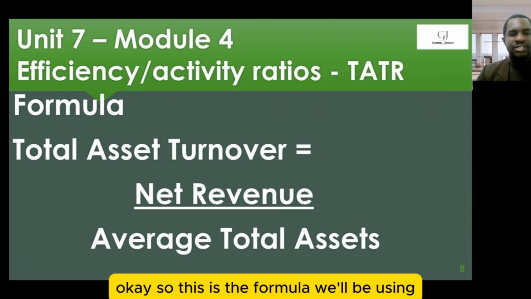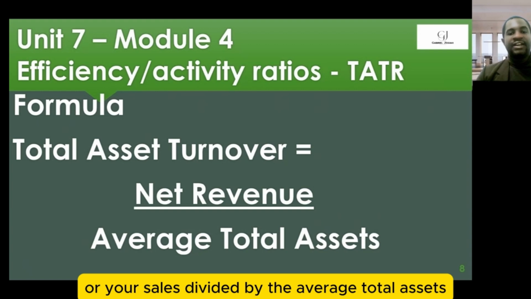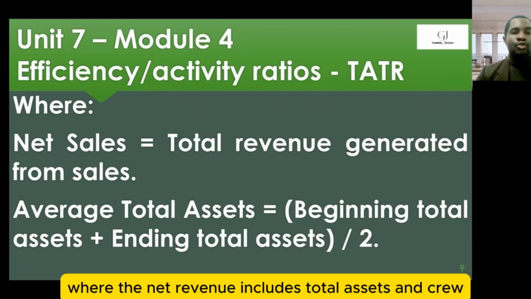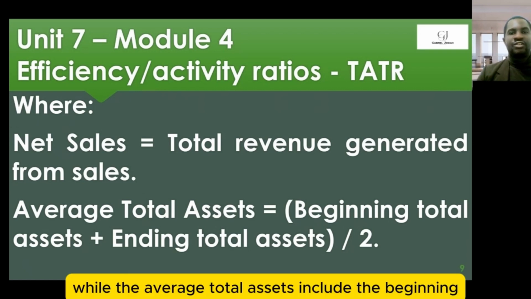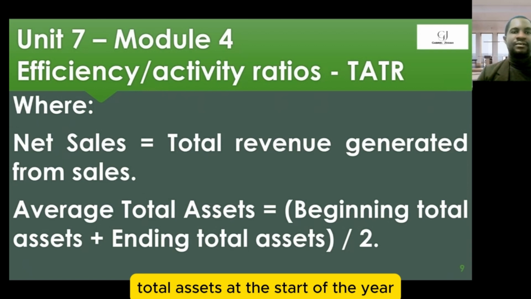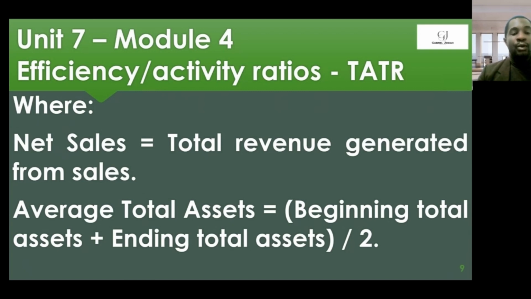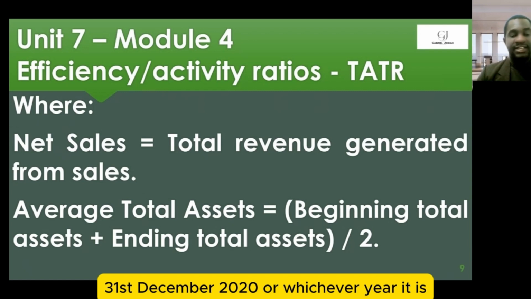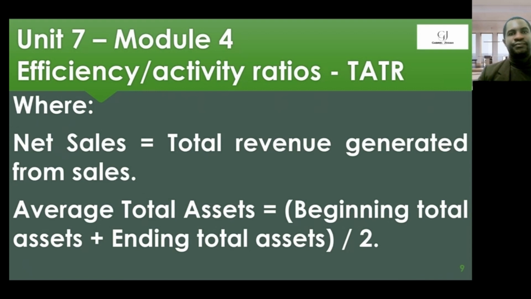Okay, so this is the formula we'll be using. We have the net revenue, or your sales, divided by the average total assets, where net revenue includes total revenue generated from sales, while the average total assets include the beginning total assets at the start of the year, 1st January 2020, plus the ending total assets, 31st December 2020, or whichever year it is, divided by 2 to get the average.